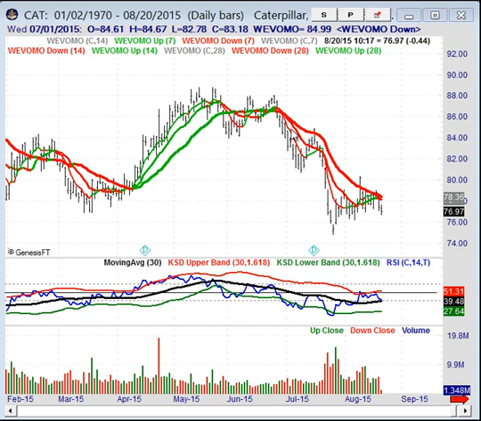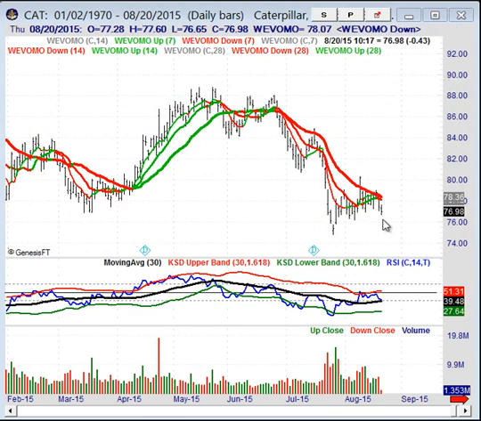Notice that early in the move to the downside, we had the short-term, intermediate-term, and long-term moving averages all appear in the same color. And then there was a period of time where the short-term turned green. That is basically telling me that we have a short-term uptrend within a longer-term downtrend. We have the same condition occurring here.